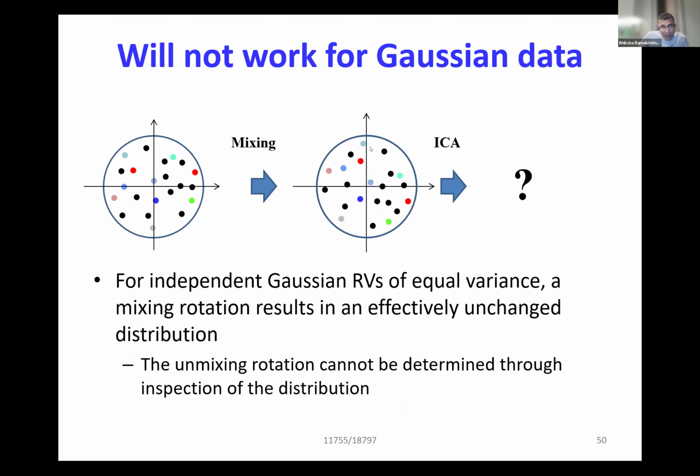But if the original scatter itself is symmetric and circular, then rotating it is also going to give you a symmetric and circular scatter. And there's no way of finding out how to unrotate it so that it comes back to the original scatter, because there's no shape available. The distributions are perfectly symmetric. And so independent component analysis will not work for Gaussian data. That makes sense? Yep.